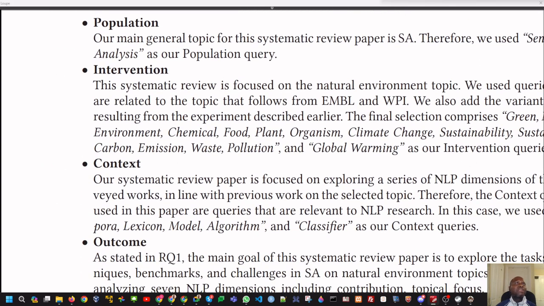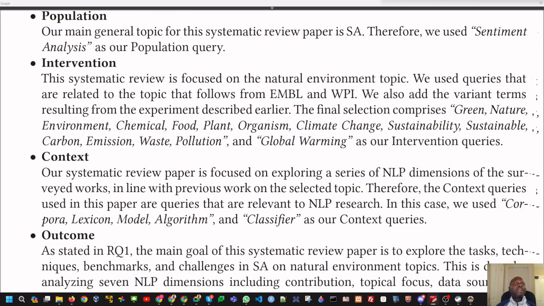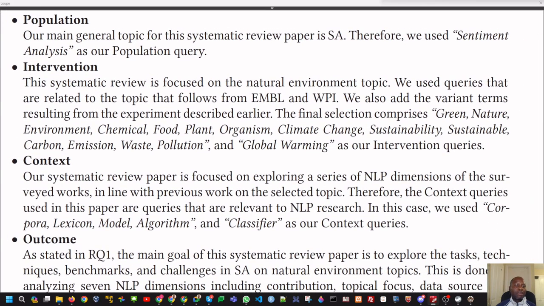Let me see if I can find that quite clearly. Right, if you look at that, they describe their search terms based on PECO. It is quite useful. But this is domain specific, of course.